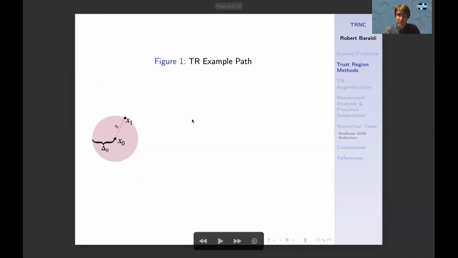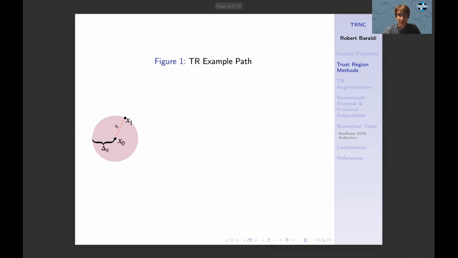In this figure, I show how a trust region method might work. You start with an initial point and an initial trust region, and you're searching for the descent step that gives you the minimum of your quadratic model within this trust region. Say you find S naught by some method, and that gives you X1, and at X1 your quadratic model proves to be pretty accurate in the descent relative to your true model.